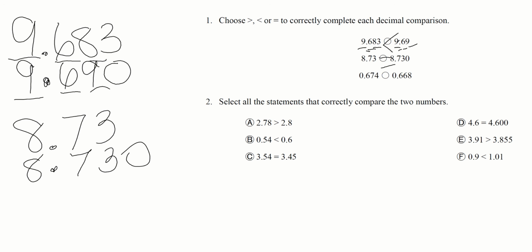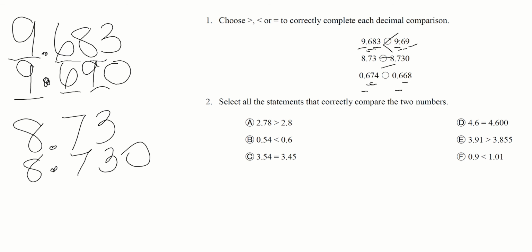Let's use the strategy of using a shortcut of kind of just looking at the place value. Here's your decimal point, and here's your decimal point here. This is 6 tenths. This is 6 tenths. If you try to remember, tenths are like the sticks. So they both have 6 sticks in them. Not enough to compare really.